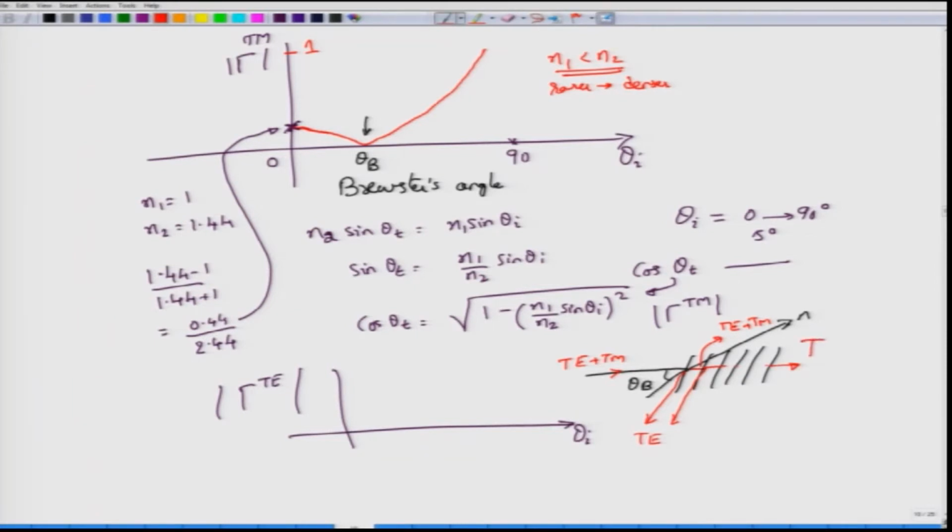At the output, the entire TM component of the incident wave has been transferred, and very nearly all of the TE wave, because it has undergone many reflections, would be reflected. So, what you have managed is to create polarized light by just using a pile of plates and orienting your unpolarized light at what we call theta b, the Brewster angle.